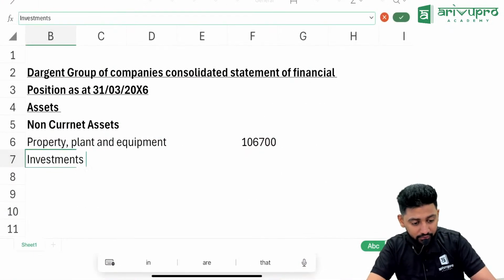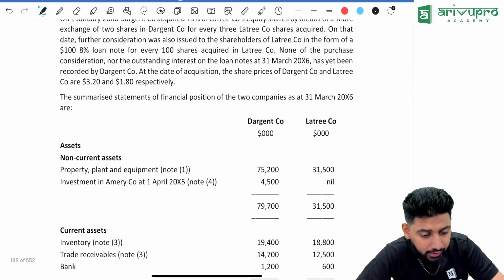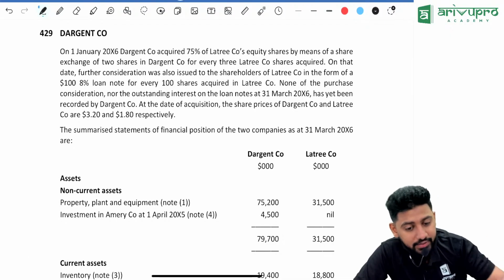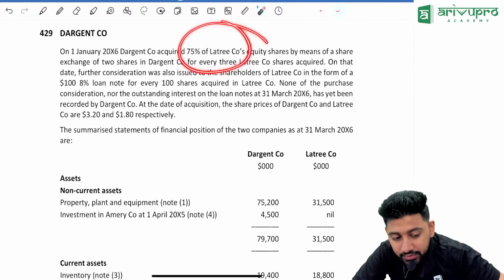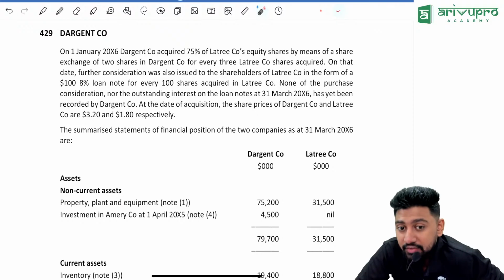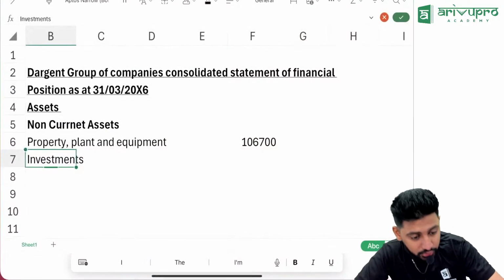Next, investments. When you talk about investments, they say investments in A. So there is an investment in a subsidiary and an investment in an associate. Probably I know by now the group structure is going to change.